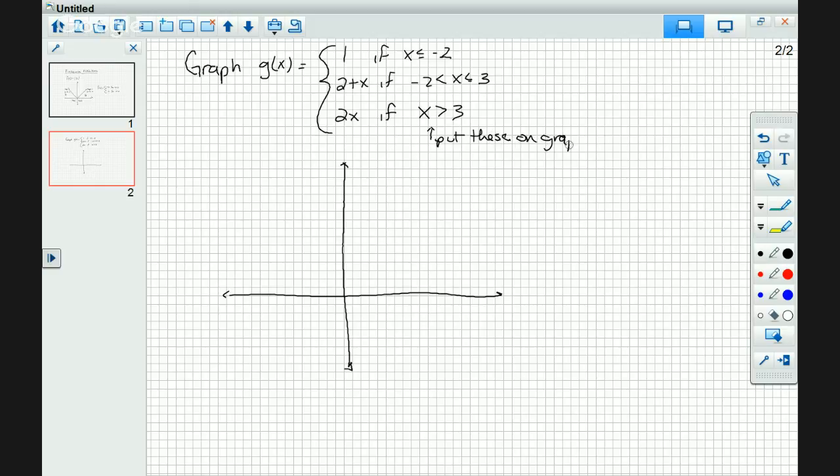I would put these on the graph first. That's what I do. I'm going to put them in red. So where are my dividing lines?